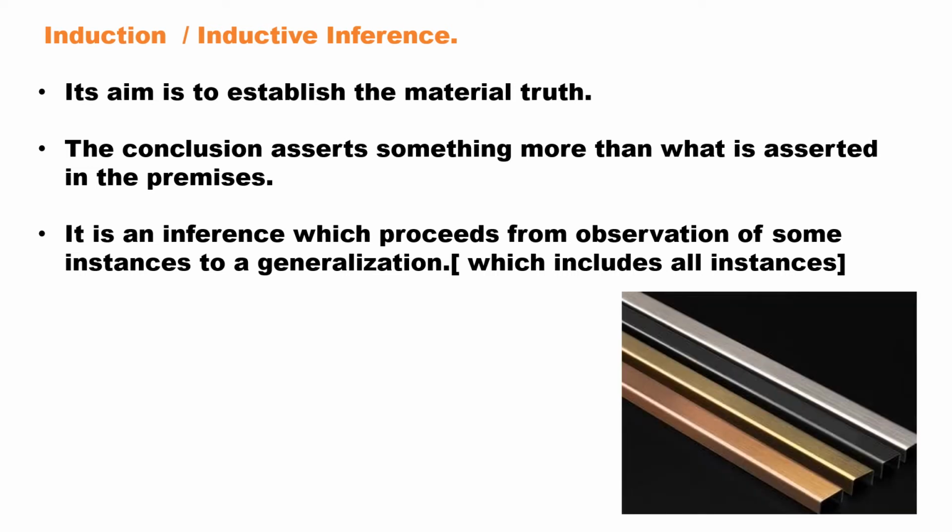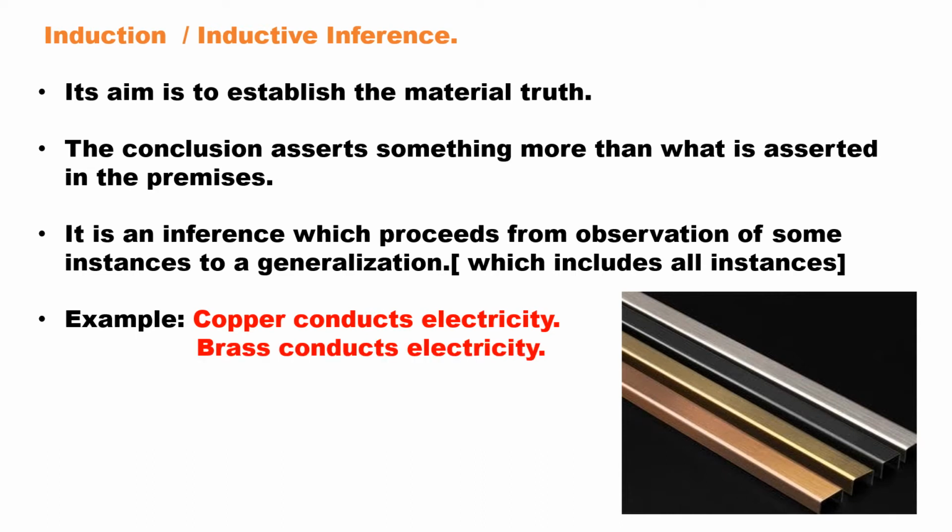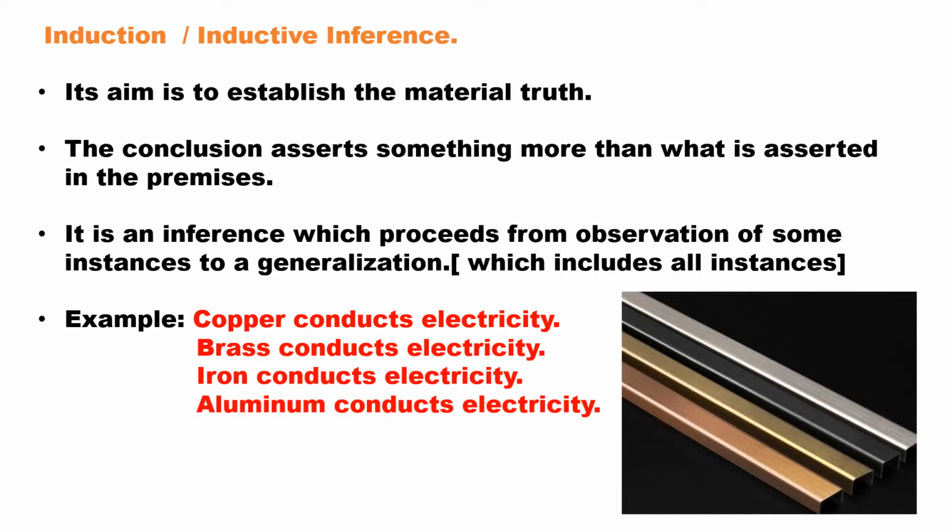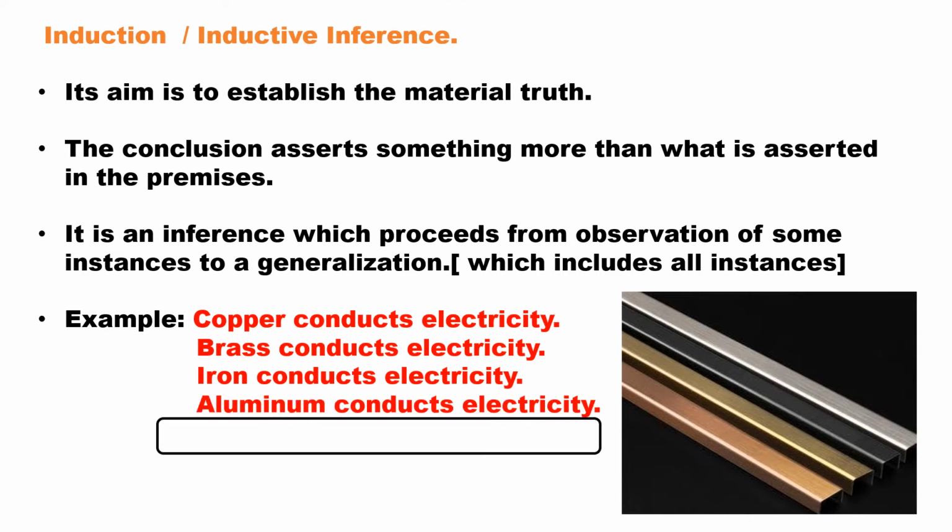Now let us take an example. You can see four metals here. They conduct electricity. Example, copper conducts electricity, brass conducts electricity, iron conducts electricity, aluminium conducts electricity. Therefore, what will you conclude? That all metals conduct electricity.